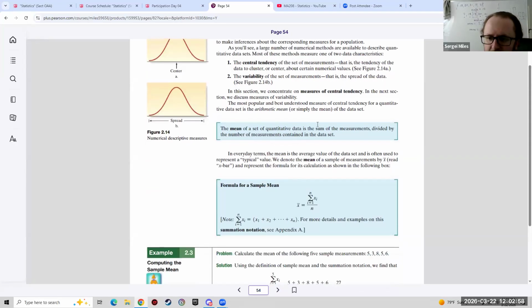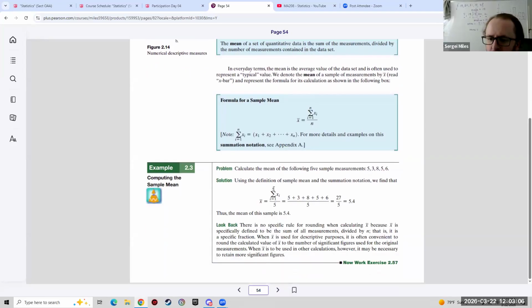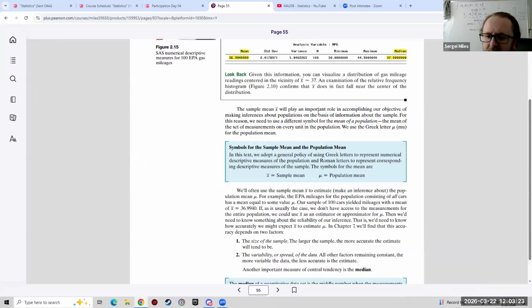So our definition for the average, which we talked about earlier with our examples, the formula for the average, we saw that on the board. And they do this example here. This is with a different set of data where we have 5, 3, 8, 5, 6. And you can see here from this textbook example how they make this calculation, okay? Some other examples here.